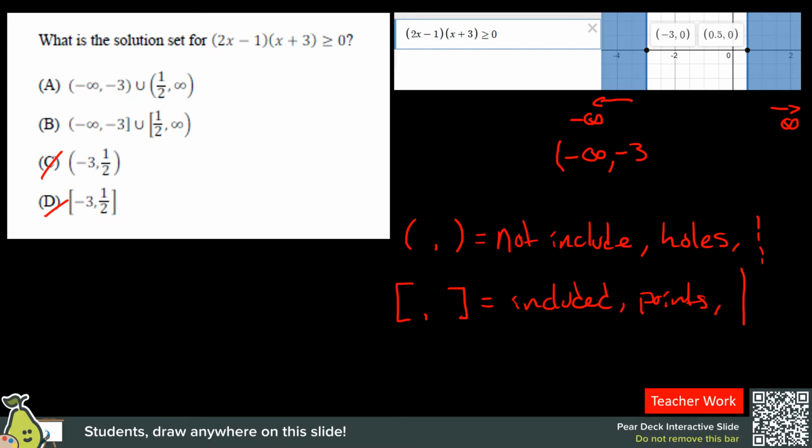So this negative 3 has to be a bracket, and we see here at 0.5, or like we have in the answer choices, 1/2, that 1/2 is also included. I know it's included because I have a solid line, and I also have this equal sign in the question, right? So that would be a bracket, and this is going to go on to infinity, parentheses. So that means that our answer choice here has to be B.